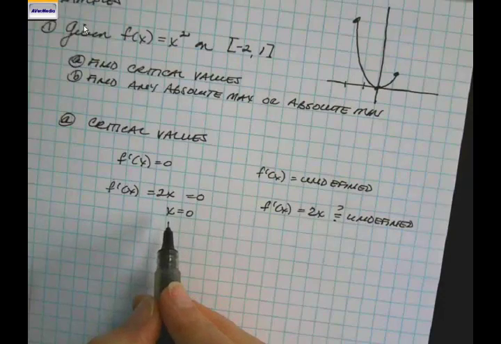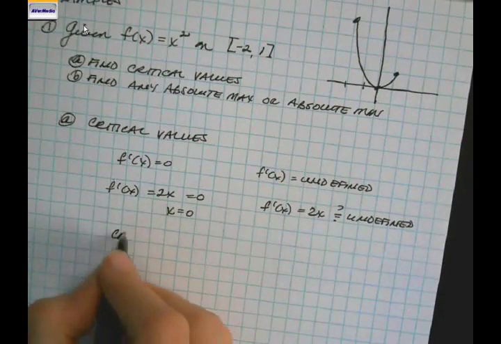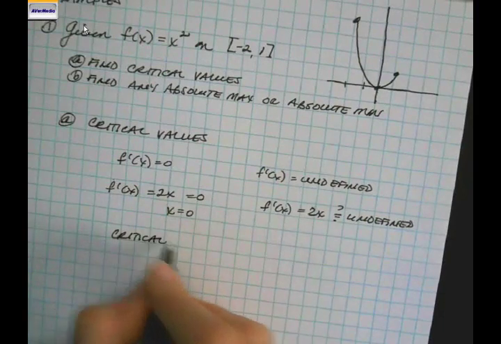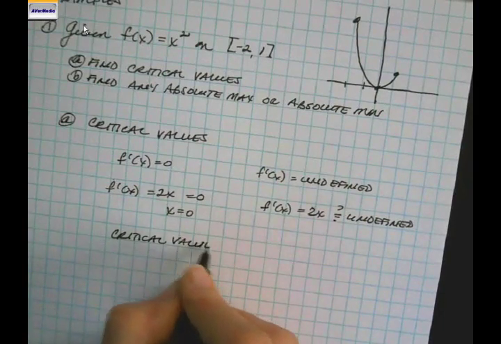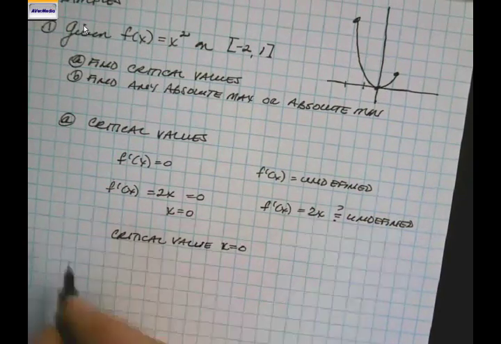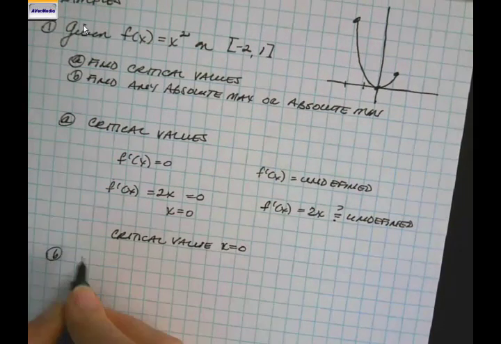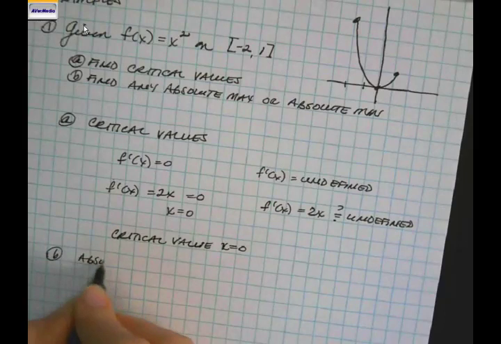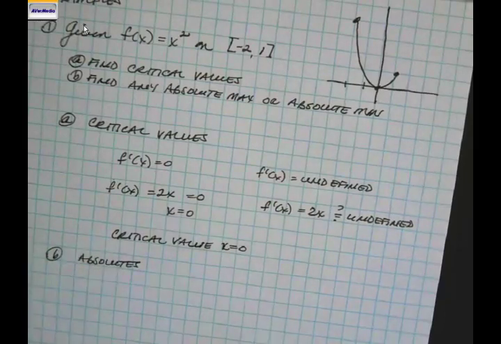But that's not going to tell me all my locals, maxes, and mins, right? So right now the answer to this question is a critical value. The only one is x equaling 0. That's the answer to part A. Part B is asking me for the absolute max or min, the absolutes.